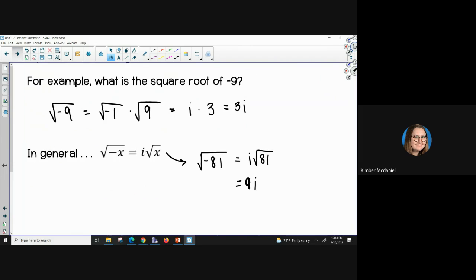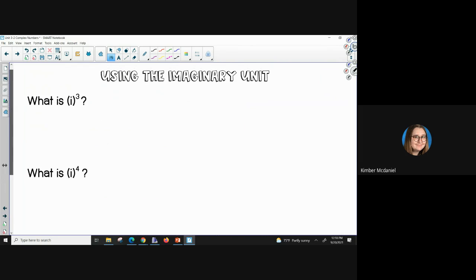Okay. Let's look at this. Now, we're going to continue using the fact that i squared equals -1 to figure out what is i to the third and i to the fourth. These are our other two important facts that you need to know today. Now, i to the third can be rewritten as i times i times i.